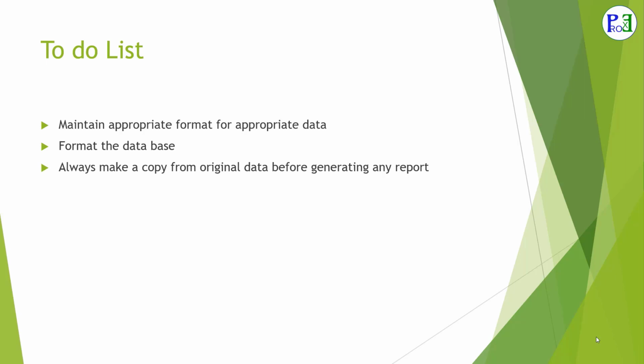If you are maintaining date and time in a particular column, you should keep date and time related data in that column. If you are maintaining numbers in a particular column, you should keep all numerical data in that column. Numerical data cannot be merged with any other types of data.